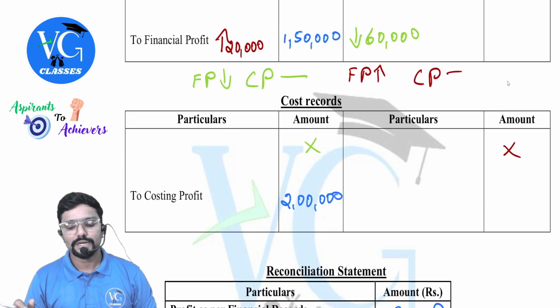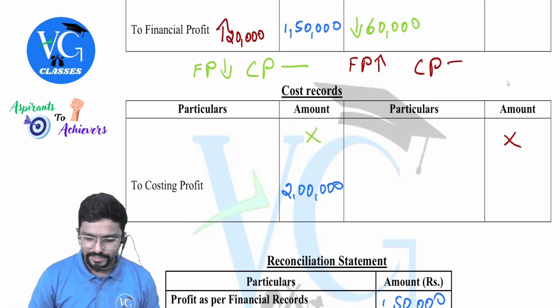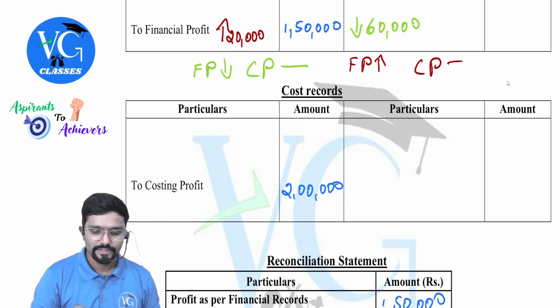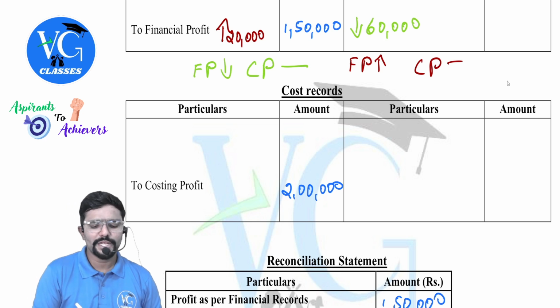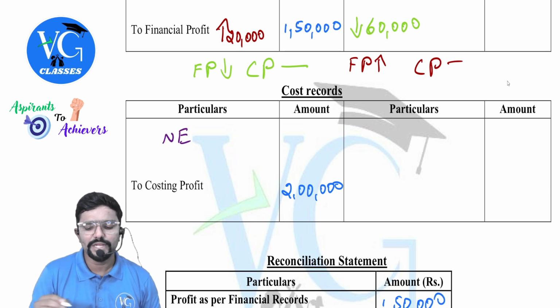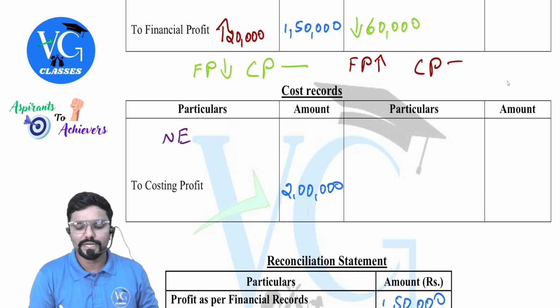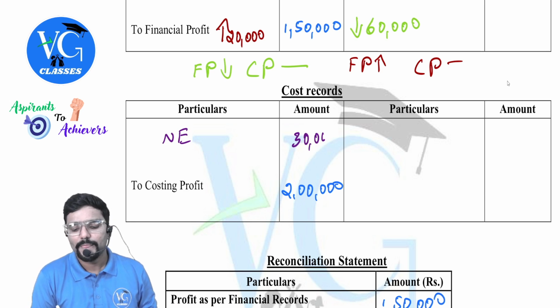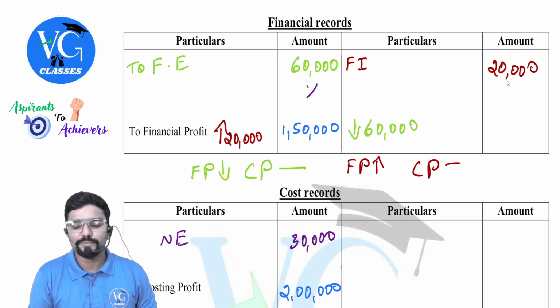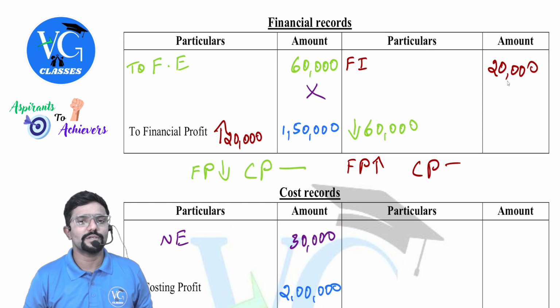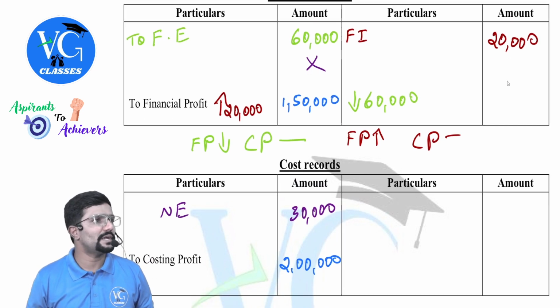Same way now. Sir, assume, let me change. Now assume there is a notional expense which I have recorded only in costing books. How much is that? Let me take it as 30,000. Notional expenses are recorded only in costing books, but we have not recorded them in financial books.